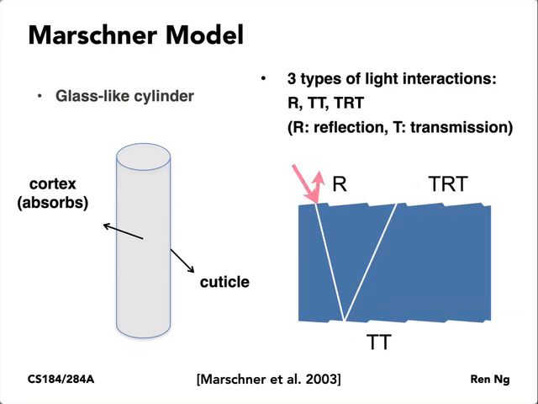R is reflecting directly off the outer surface. There's a change in the angle of it because of that scalloped nature here. There's a TT that transmits into the inner core of the fiber and then transmits by refraction out of the outer surface. Some of it will be absorbed by the cortex. And then there are reflections that are TRT that transmit in, reflect off the back surface of the cylinder from the incident direction, reflect back inside, and then refract back out and transmit out into the world again, okay? And that will get double absorption through the cortex.